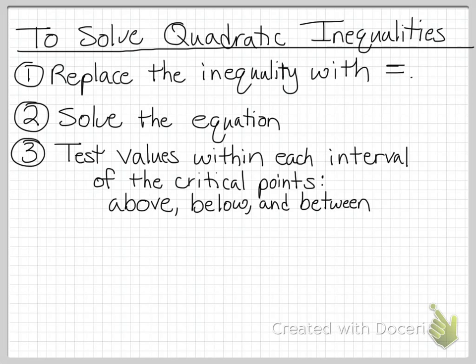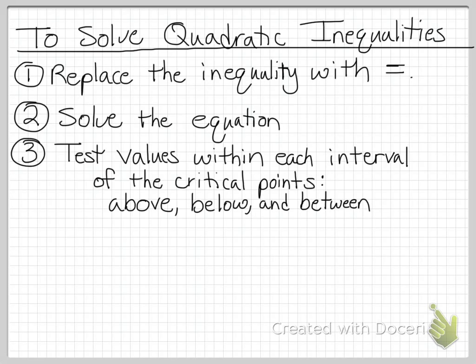Then for the quadratic inequality, once you have found the solutions, those critical points where it crosses the x-axis, you're going to pick any number within each of those intervals: one that is below the critical point, less than the least factor, one that is above, greater than the greatest factor, and also any number that is in between.